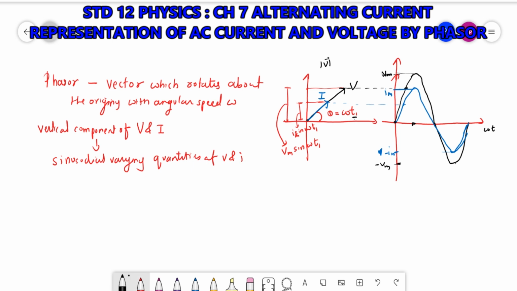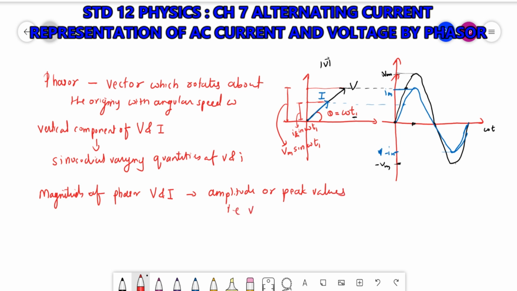The magnitude of phasor V and I gives the amplitude, or the peak value, that is maximum voltage Vm and maximum current Im.